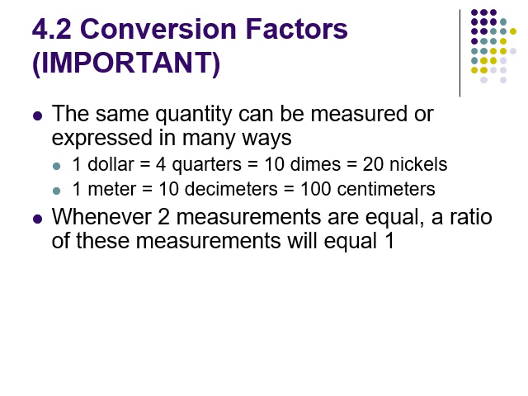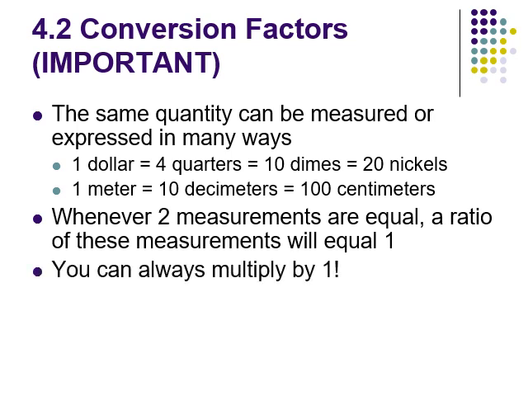That's my algebraic equation, I could divide both sides by 4 quarters, giving me the ratio of $1 over 4 quarters. And then on the other side, it would be 4 quarters over 4 quarters, which would reduce to 1. So I can take any two equivalencies, put either one on top or either one on bottom, and it will be equal to 1.